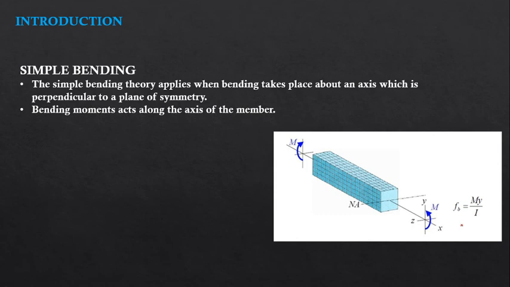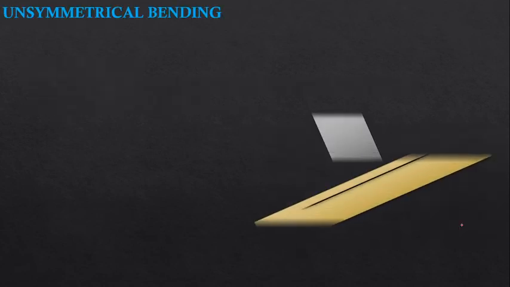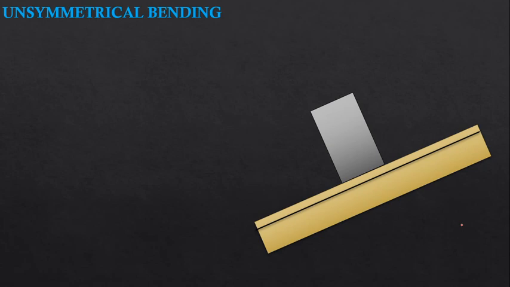But there's a difference in unsymmetrical bending. Listen, when the plane of loading differs from the plane of symmetry, that is the cause of unsymmetrical bending. To understand this, assume there's a plane and an object placed on it. The green one is your object.